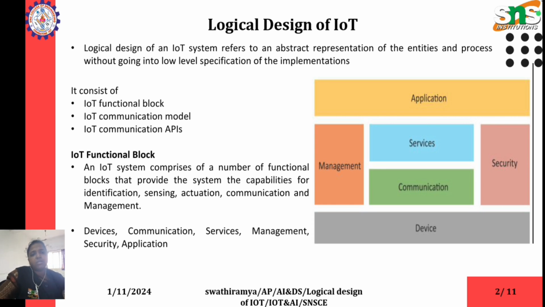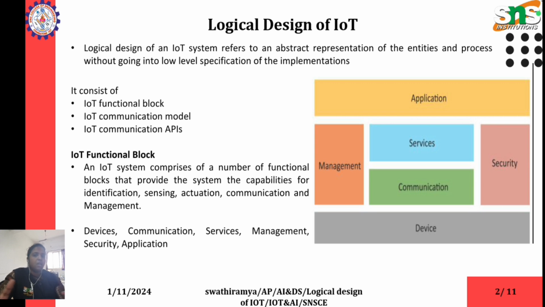When you start with the functional blocks, you have the components starting from the device, sensors, and actuators, and the data is collected with the help of the device. It needs to be communicated, so next is the communication block. The data needs security, so the next block is security, and it has to be managed by someone, so you need a block called management.